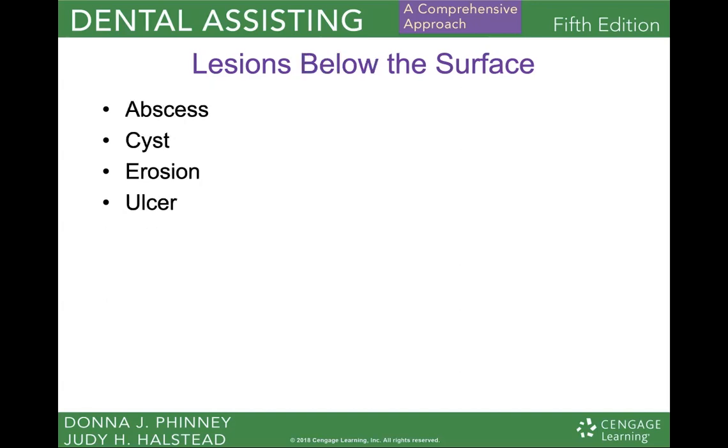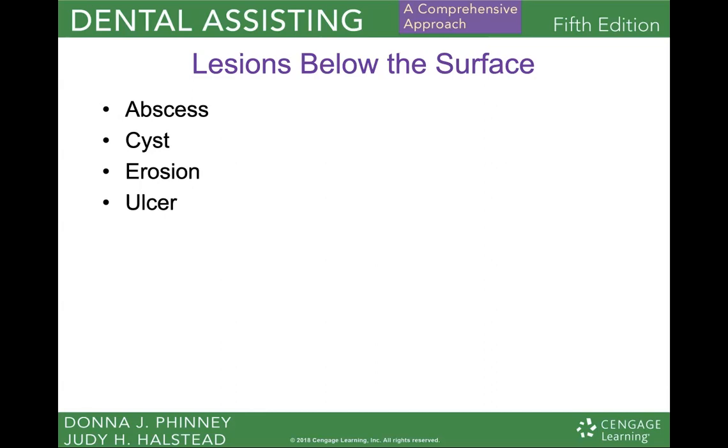Some of the lesions below the surface of the oral mucosa include an abscess, which is a concentrated area of pus formed as a result of infection by microorganisms. Dental abscesses are periapical, so they are at the tip of the root of the tooth, or periodontal, caused by microorganisms invading the membrane of the tooth.